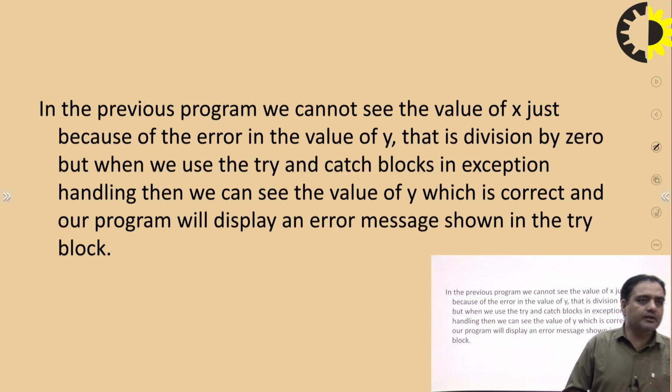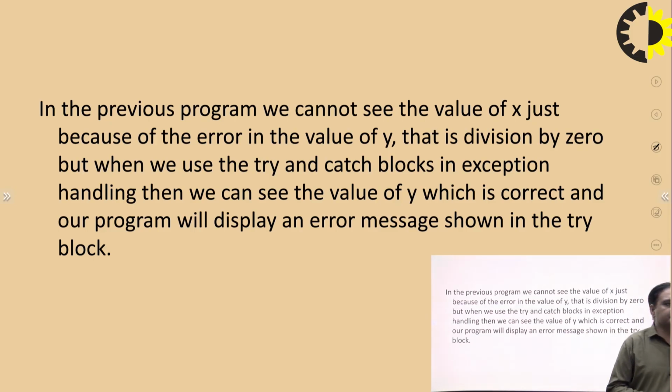In the previous program we could not see the value of x because of the error in the value of y, that is division by 0. But when we use the try and catch block in exception handling, then we can see the value of y which is correct, and our program will display an error message shown in the catch block.